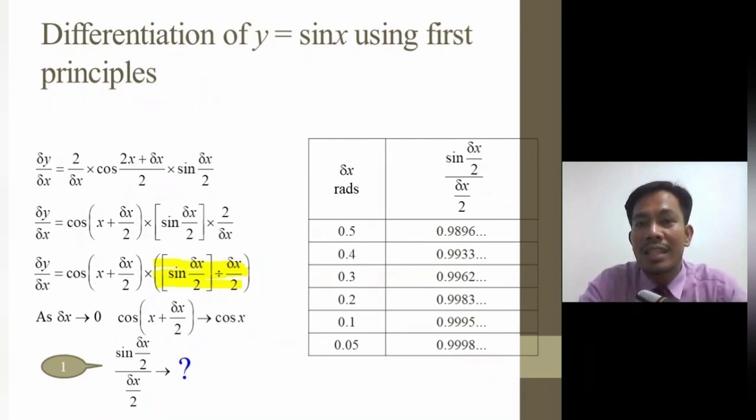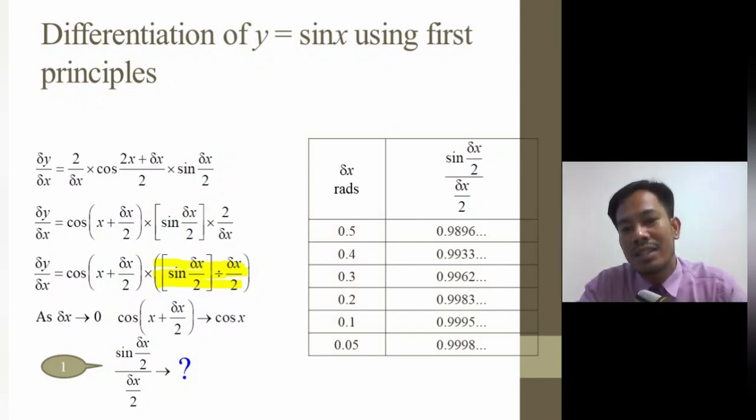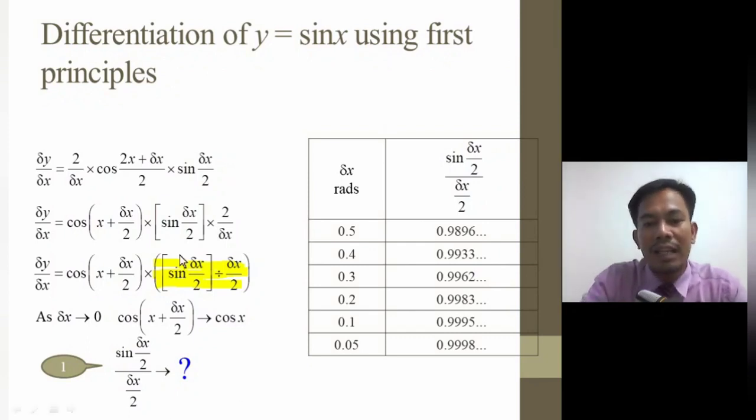As I'm saying, it approaches 0 but won't become 0. Remember, we are only dealing with limits, so we limit our answers. So the value of this one is approximately equivalent to 1, because as the increment approaches 0, it will become 1.